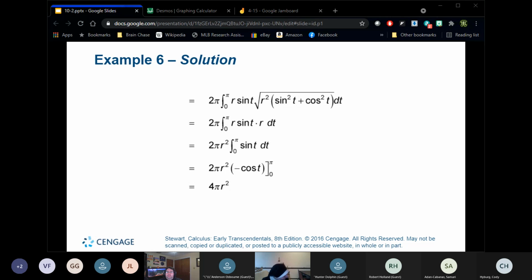So we have proven that the surface area of a sphere is 4 pi r squared. And that's it.